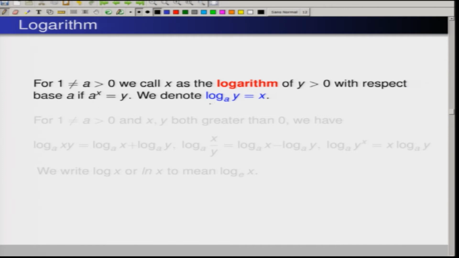As you can see, a is positive, x is a real number, so a to the power x is a well defined object. This means a to the power x is equal to y. So, we say that log y to the base a is x if a to the power x is equal to y.